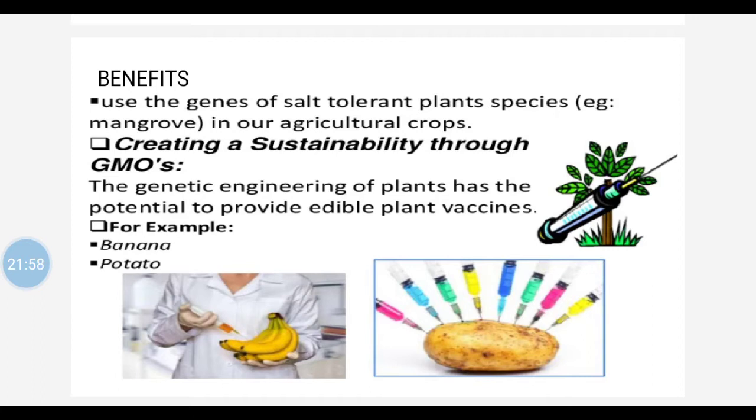So, for example, banana and potato, isn't it? So see how the eatables, maybe vegetables, maybe fruits, how they are sustained, how they are preserved by using the artificial or whatever the genetical modifications are there.